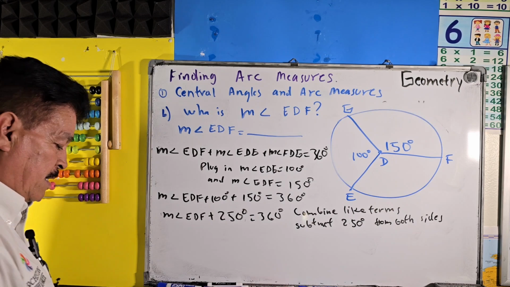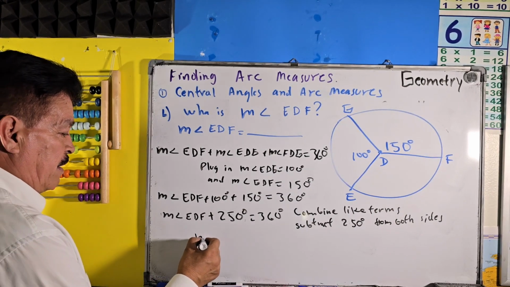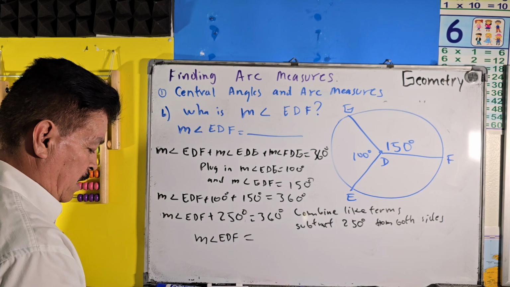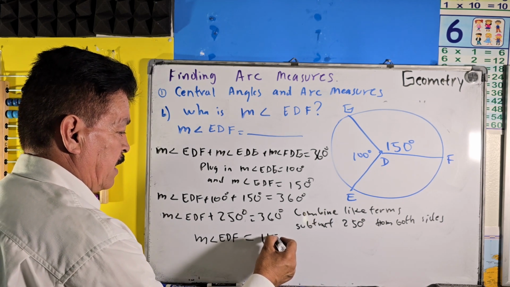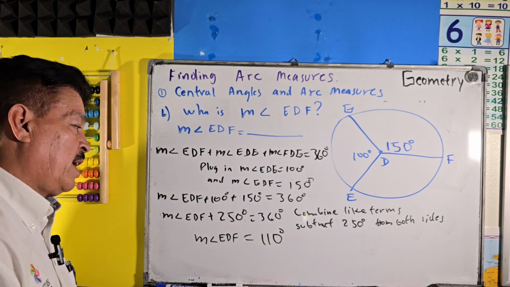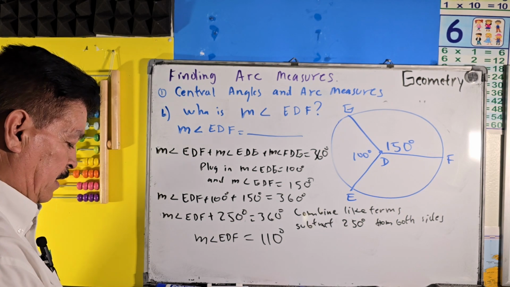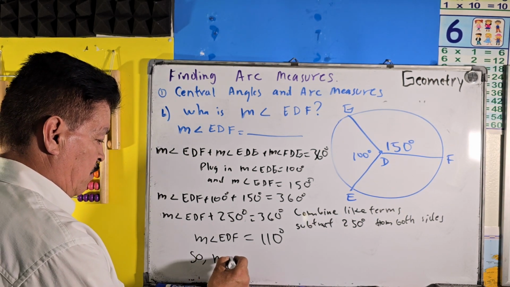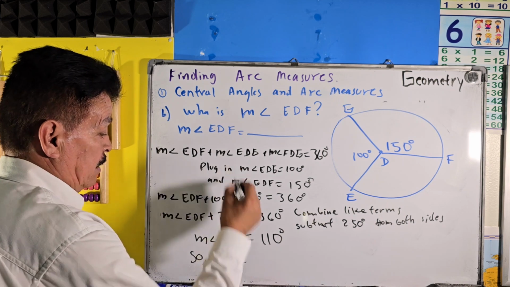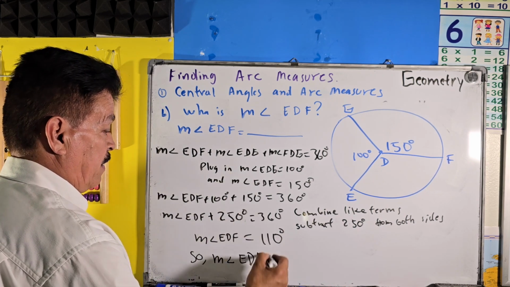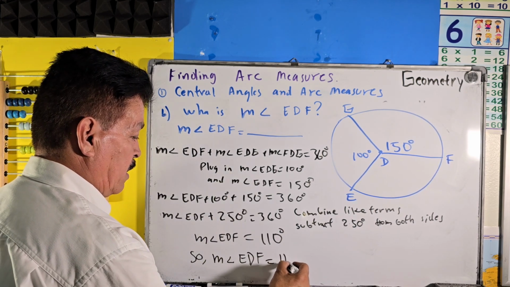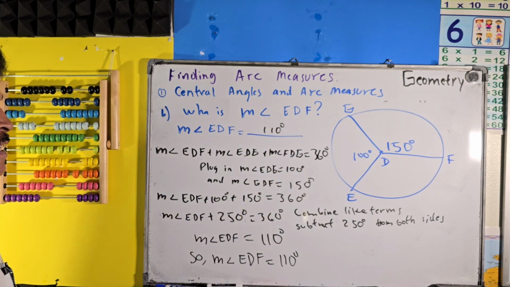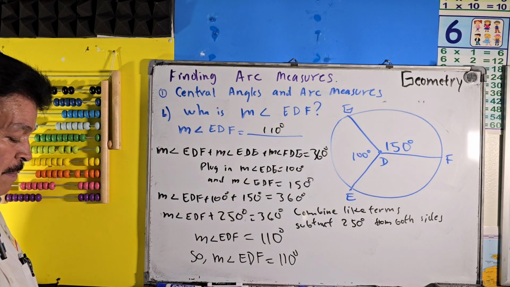We do this, and we have the measure of angle EDF equals 110. So our answer is the measure of angle EDF equals 110 degrees. That's the solution to our problem.